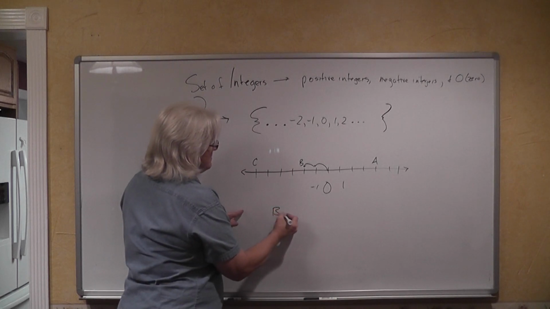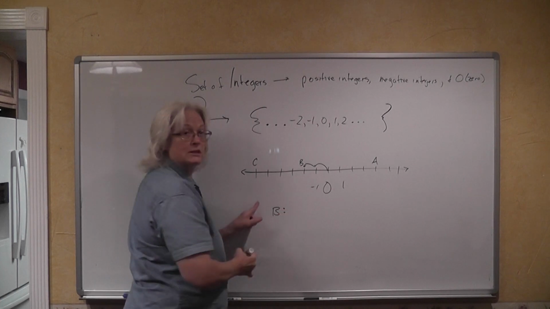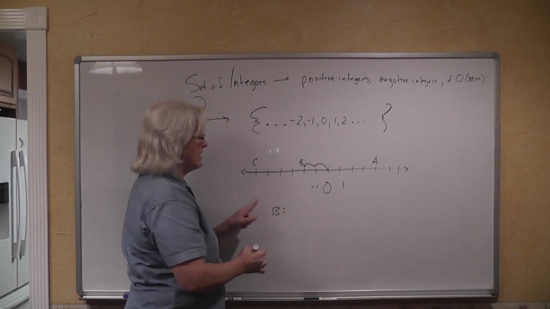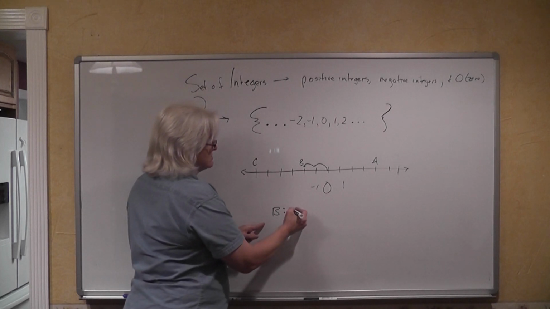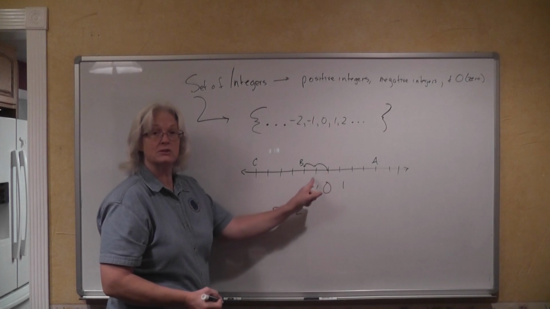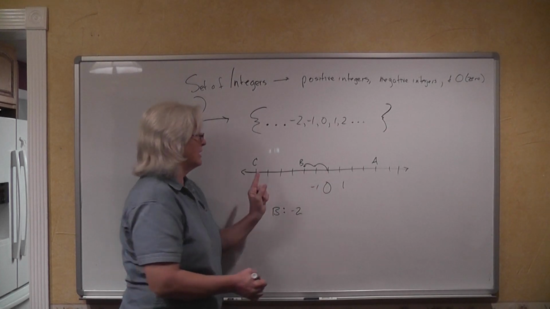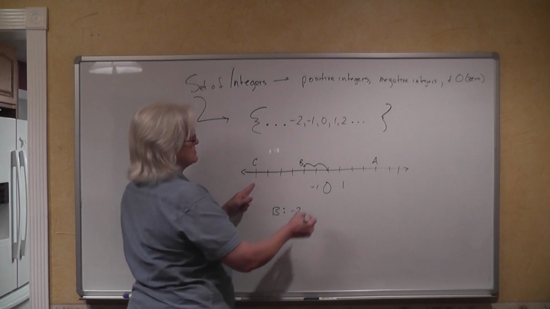So they say that B, and they use this colon here. I'm honestly not quite sure why they do that. But B has a value of -2 because it is 2 units to the left of 0 on the number line.